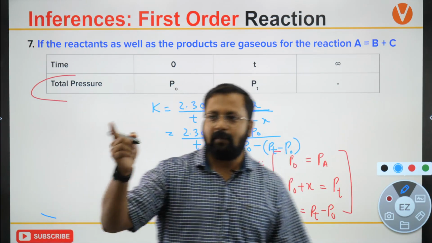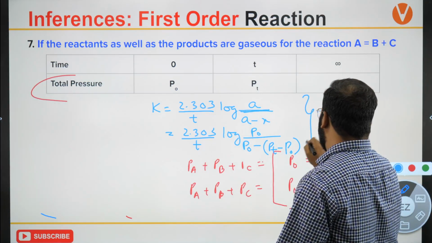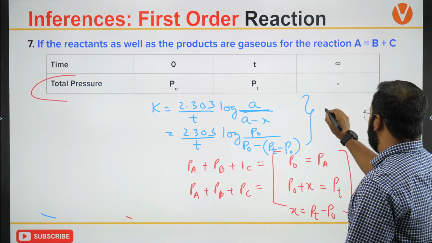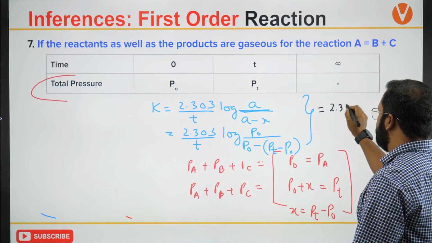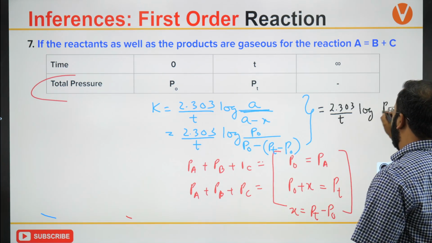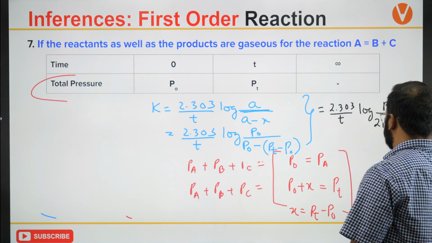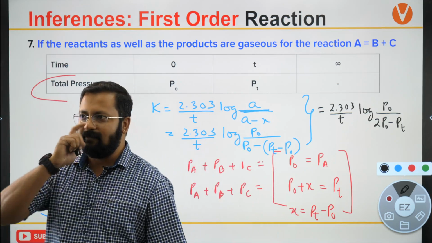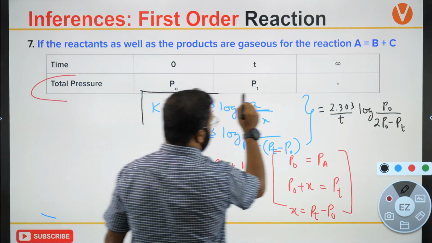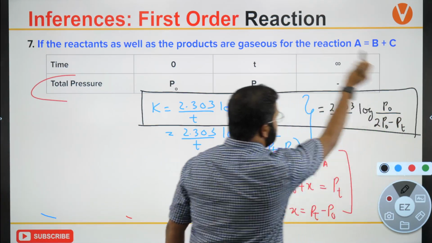Now whatever Preetham had calculated earlier will come. This will give 2.303 upon t log of P naught by 2 P naught minus Pt. So this is our expression for K under this given situation.